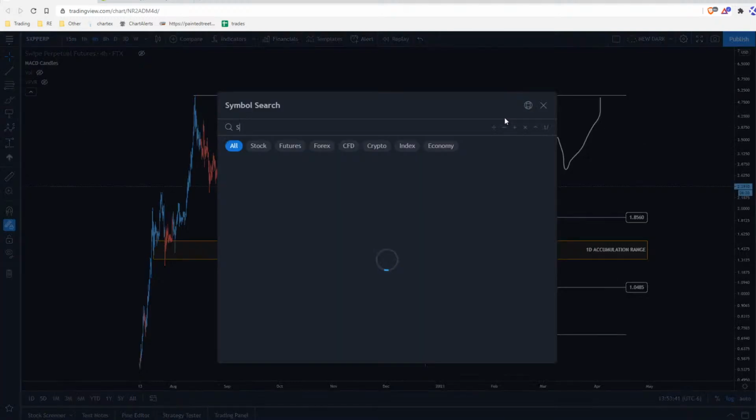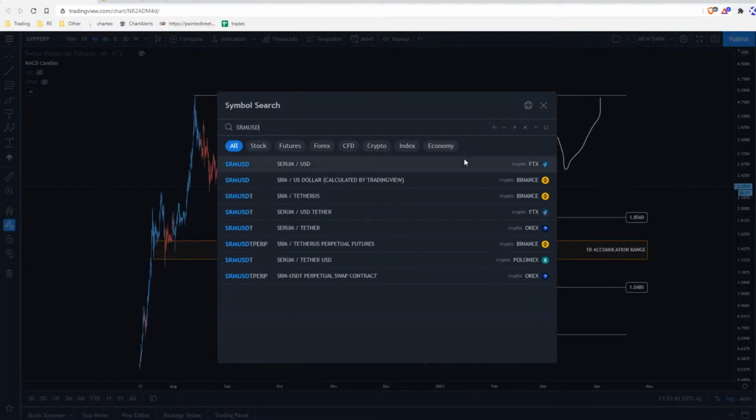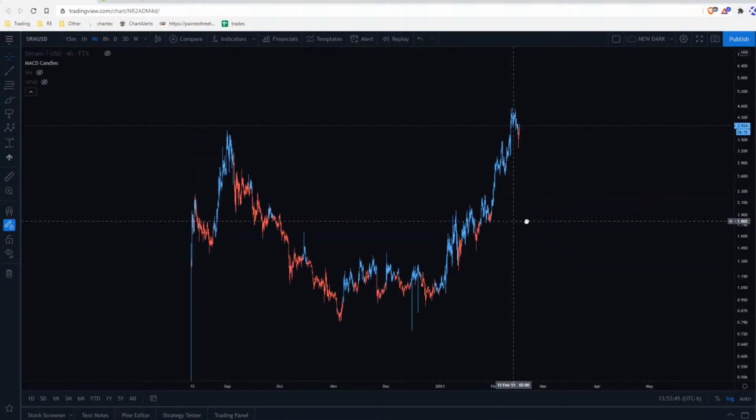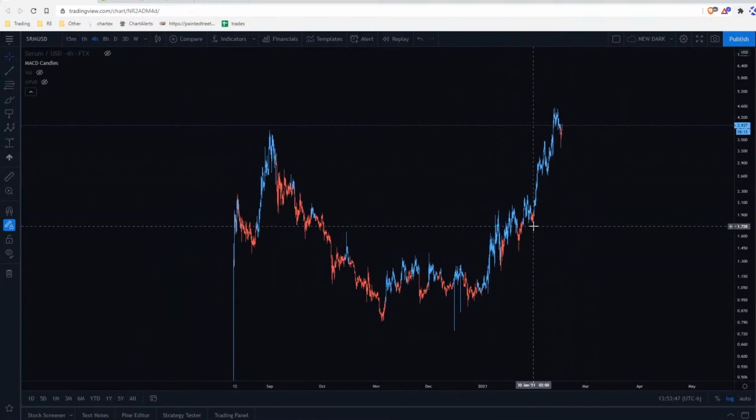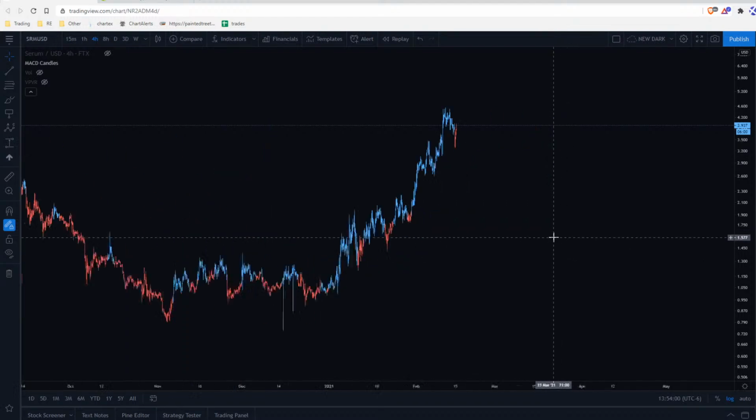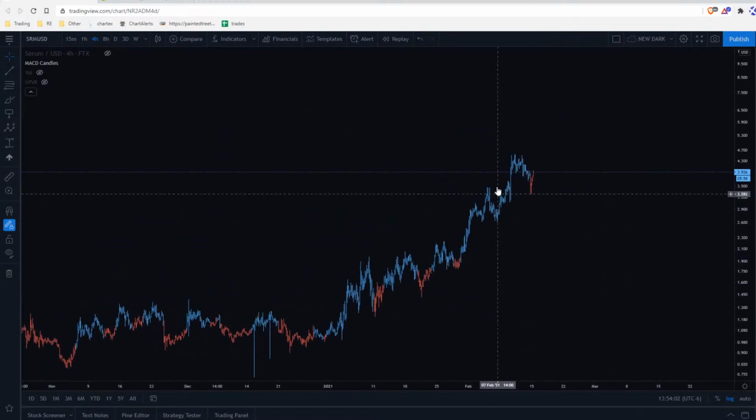If we talk about Serum real quick, what did it do at this stage? Yeah, it just kind of ripped. Got a little bit of a pullback here. But I think this is the kind of rip we're looking for on charts like SXP. This also looks like a flat right here for more upside.